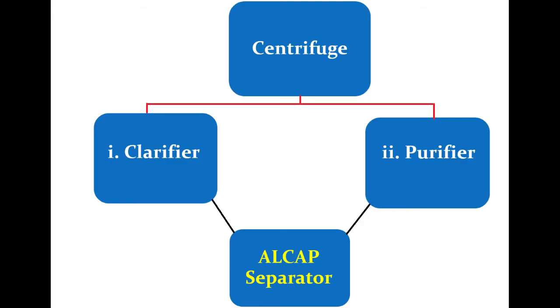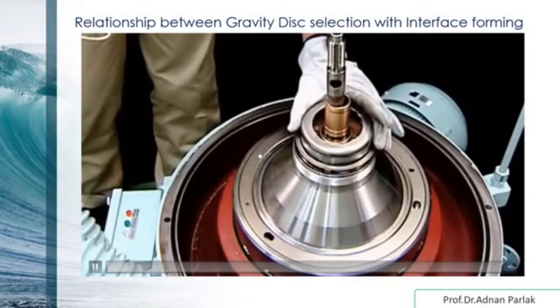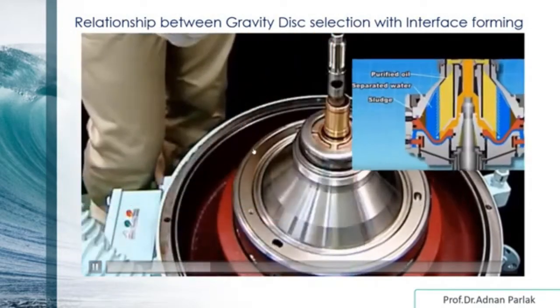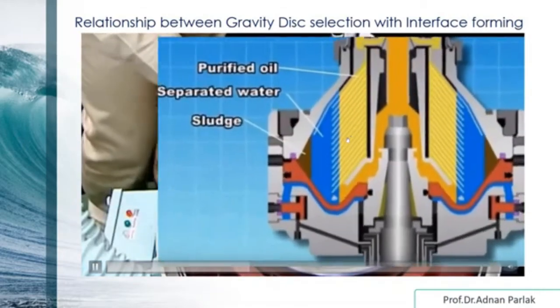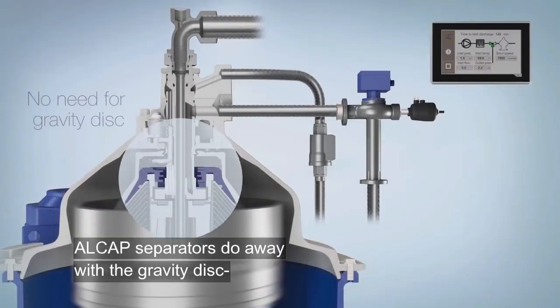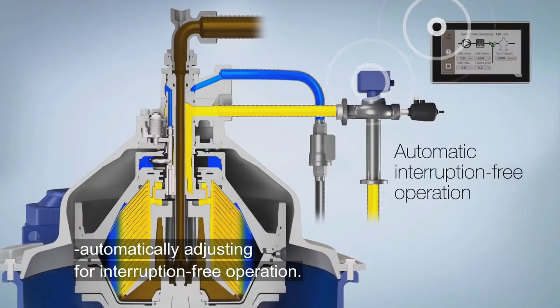All cap separators can handle the challenge. Traditional separator designs use the gravity disc that needs to be manually adjusted to every fuel type. All cap separator do away with the gravity disc, automatically adjusting for interruption-free operation.